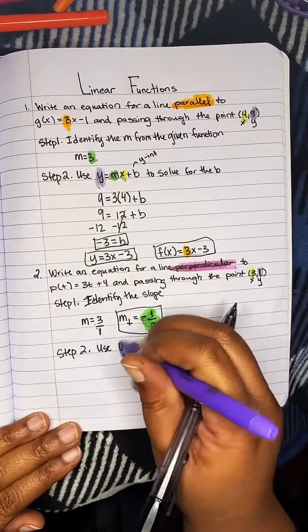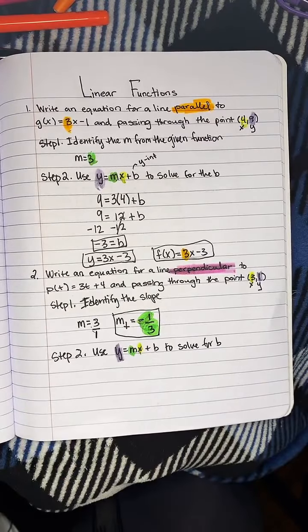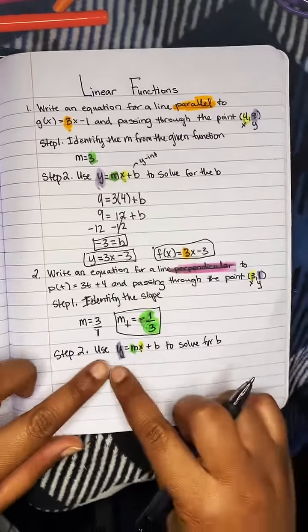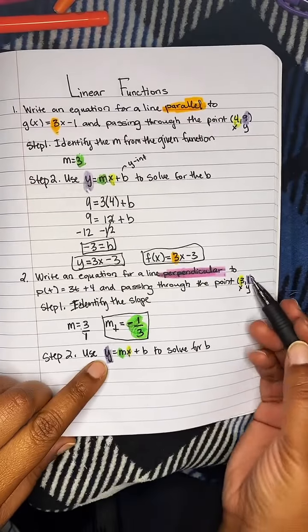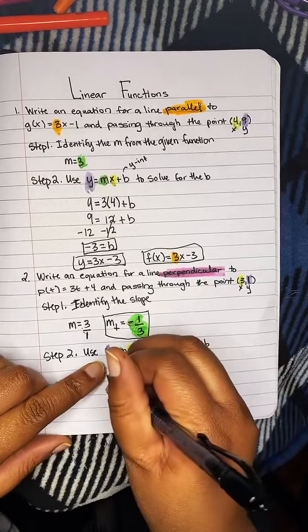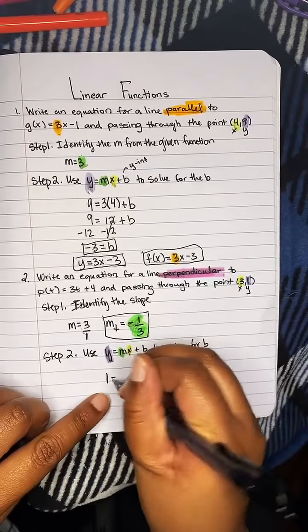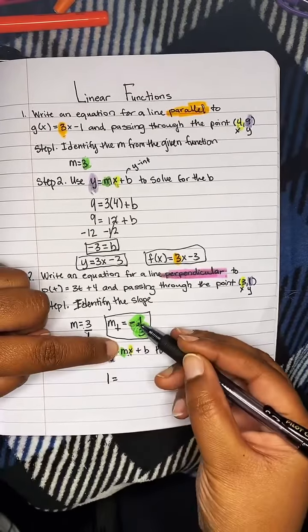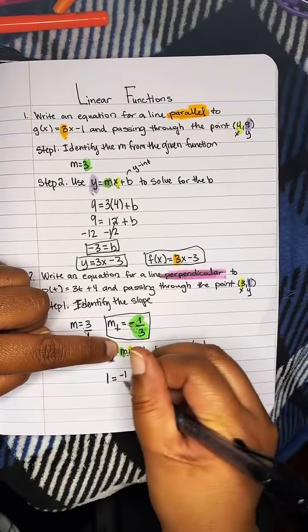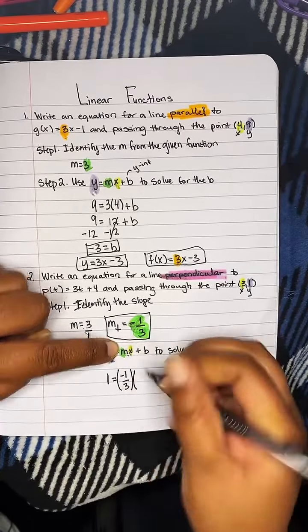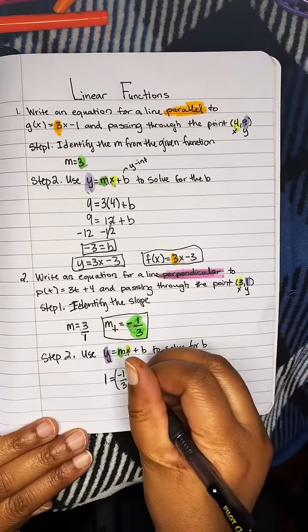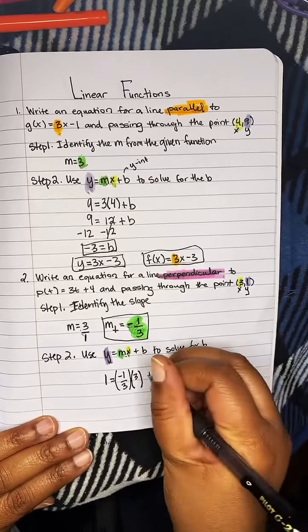Hopefully the color coding is helping you with the plugging in. So we put 1 in place of y, drop down my equals, my m is -1/3, timesing that by my x, which is 3, plus b.